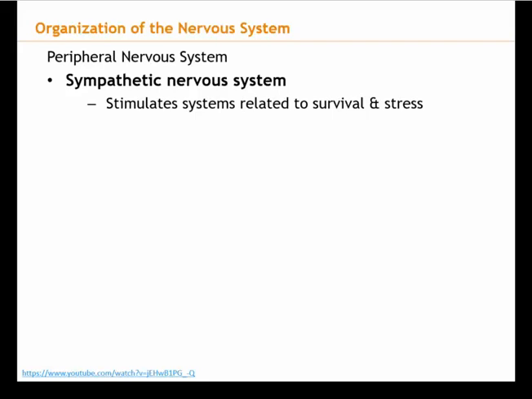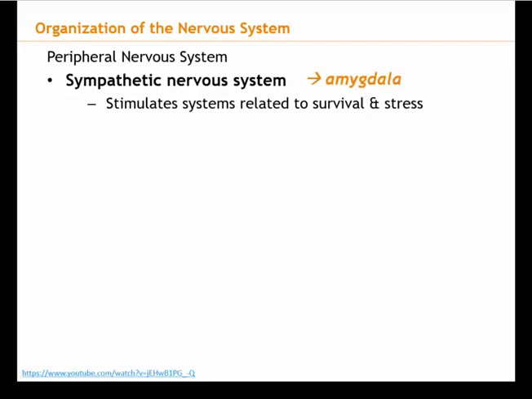We know that this system is activated anytime we are under stress or a situation related to our survival. There's a structure in the brain associated with this system, and it's called the amygdala.